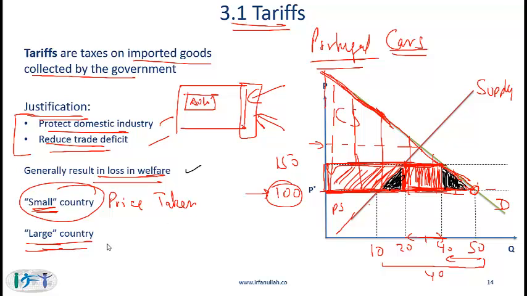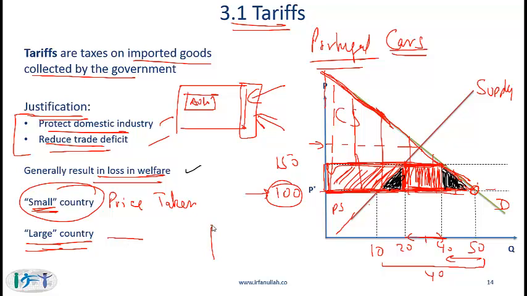Let us now come to the large country situation, and remember, a large country is one which is a substantial importer. It is conceivable that when a large country imposes a tariff, then the terms of trade change. For example, the exporter might then reduce prices recognizing that there is a tariff. How will this impact the terms of trade?